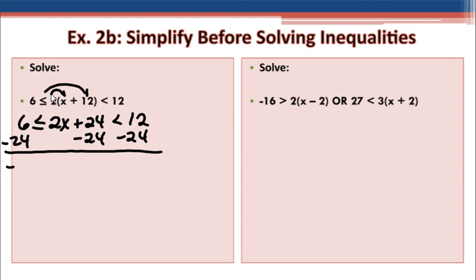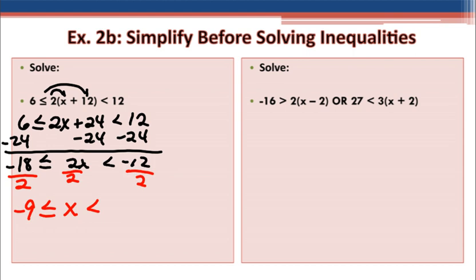I'm left with -18 is less than or equal to 2x, which is less than -12. To get x by itself, I divide by 2 on the inside and the outside. I'm left with -9 is less than or equal to x, which is less than -6. And this would be our compound inequality as our answer.